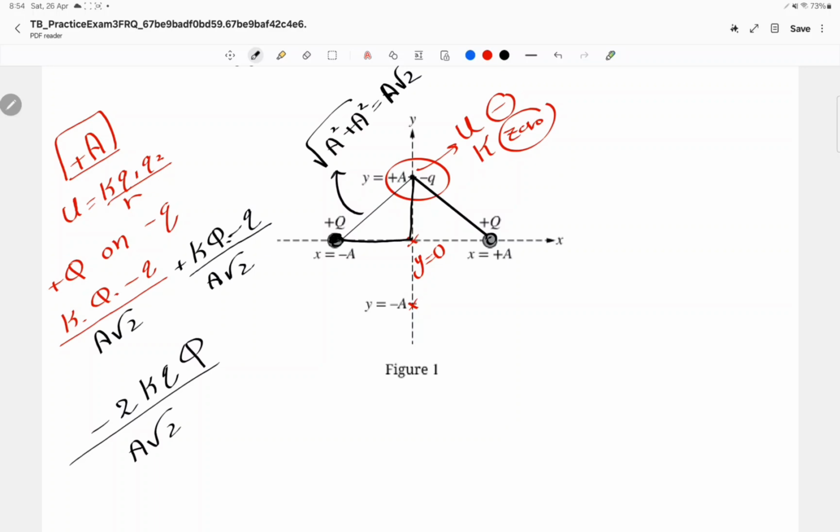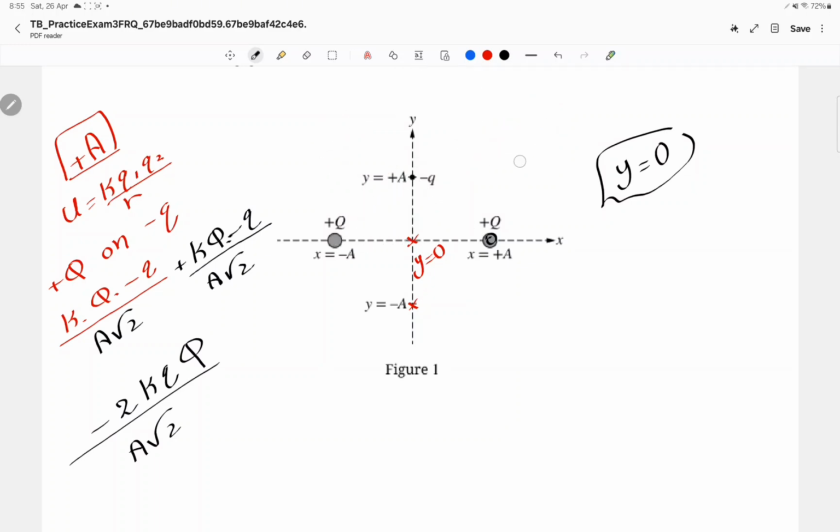How about the u at y of 0? So when y is equal to 0, let's see how much that is. Now again, the charges will be equally distant, right? Yes. So here we're going to have this and this.